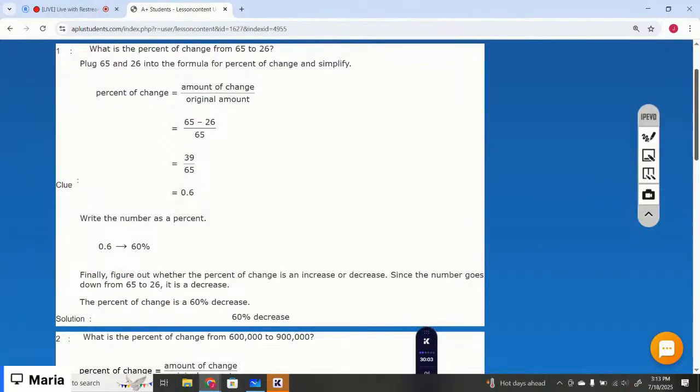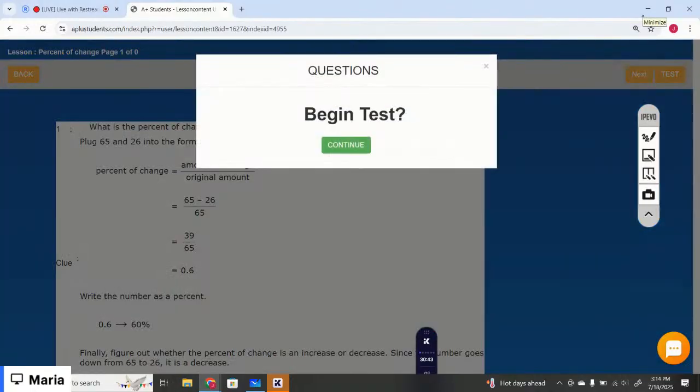So how do we calculate the percent of change? That would be amount of change divided by the original amount. So amount of change you can calculate by 65 take away 26 over 65. That is 39 over 65. That equals 0.6. You need to calculate the percentage, so multiply it by 100. Let's just start with the test questions.